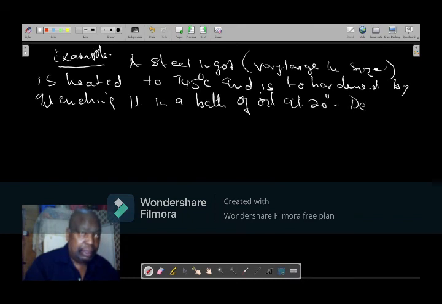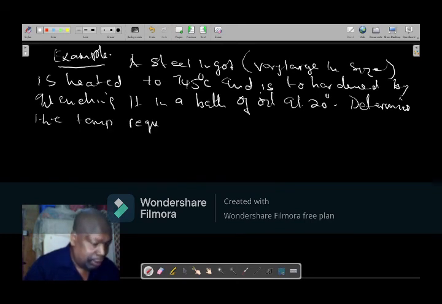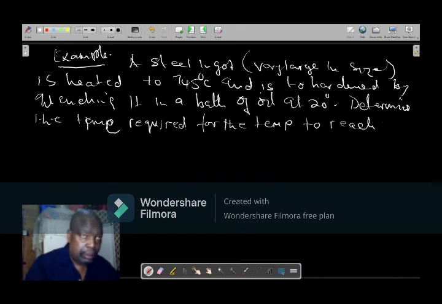You're told to determine the time required for the temperature to reach 595 degrees C at a depth of 12 millimeters.